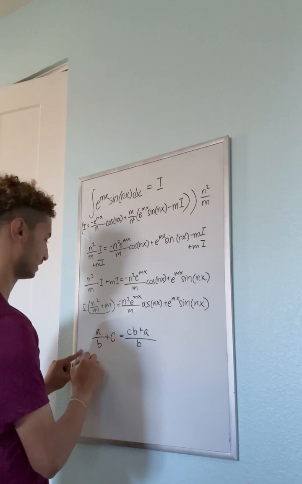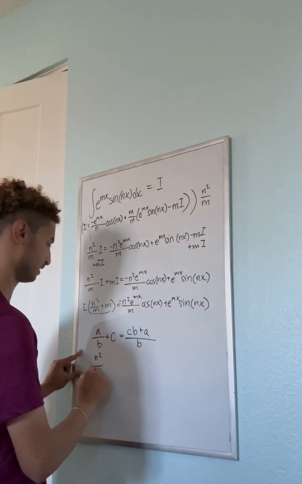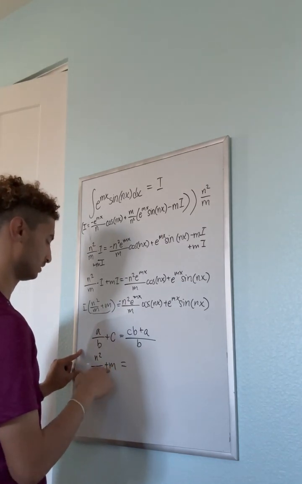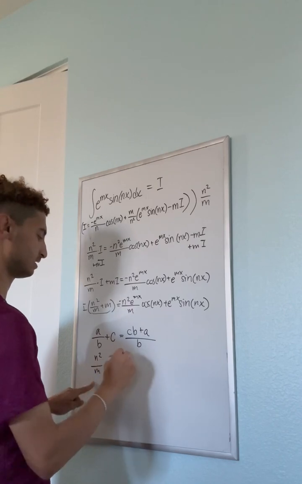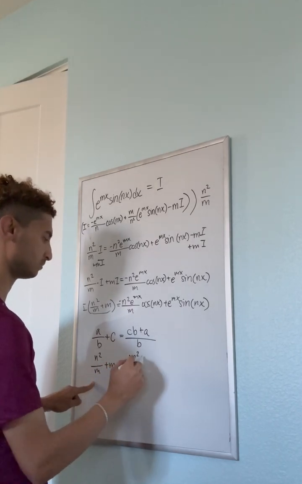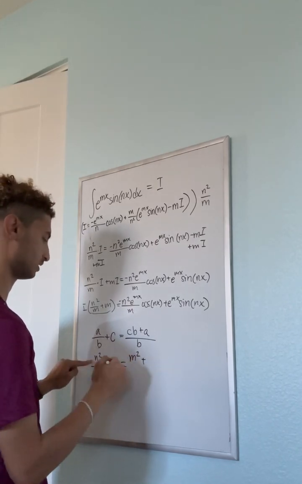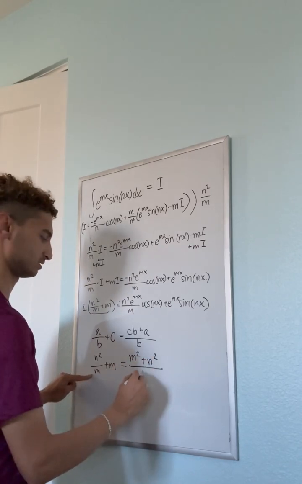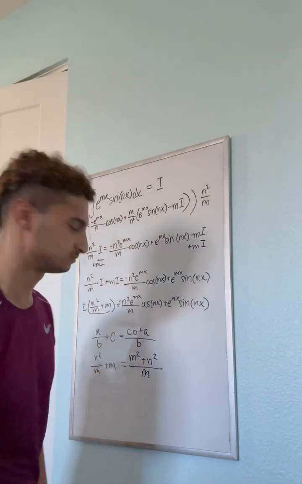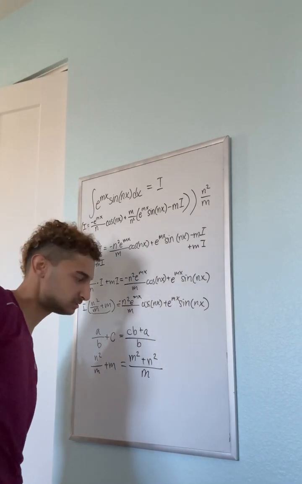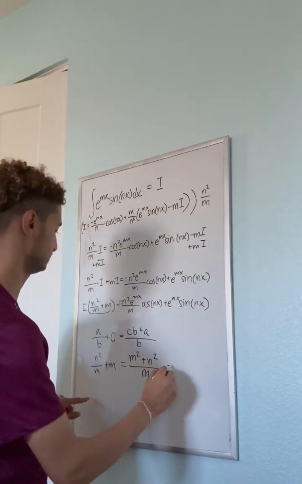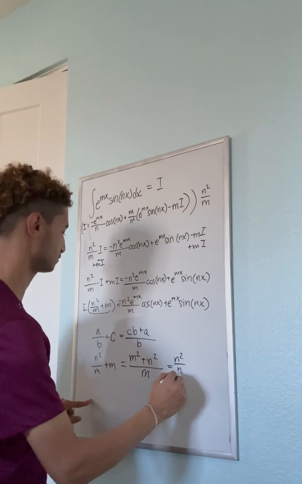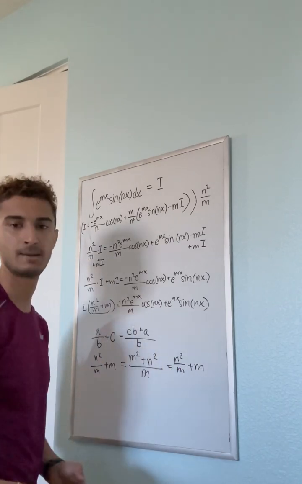We have n squared over m plus m. Then you just do m times m, so m squared plus a, which is our n squared, over m. And this is all equal to n squared over m plus m.